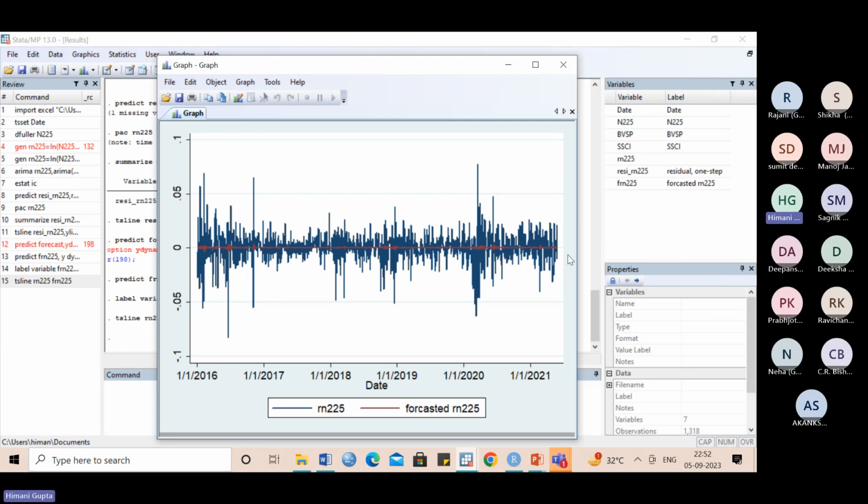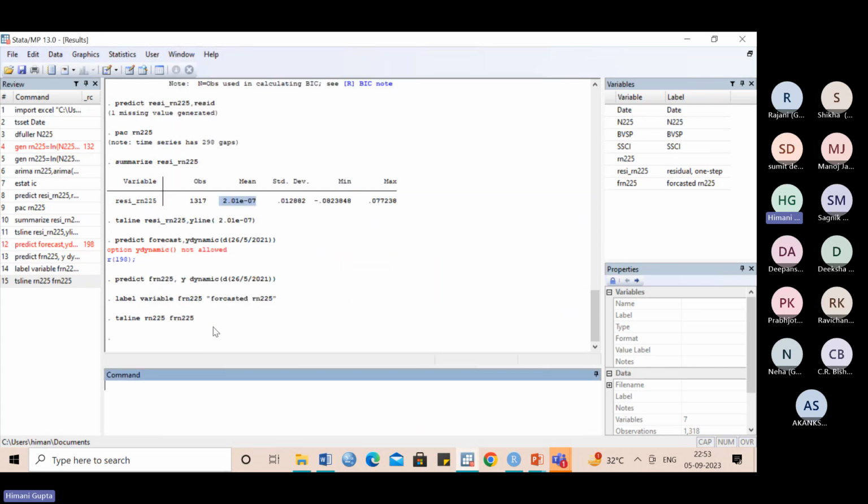Now see, in this diagram, you are not getting the further time values because I have not given any command that Stata has to predict 20 values, 10 values. If I give a command, then only it is going to predict it. If I want 20 values, it will predict 20. If I want 10 values, it will do 10 values.